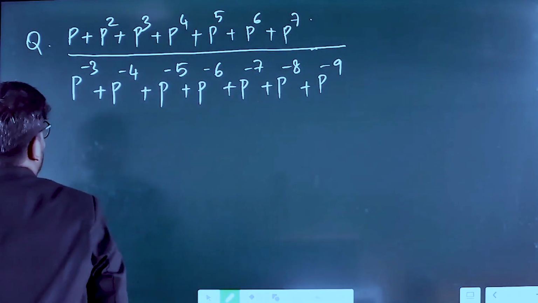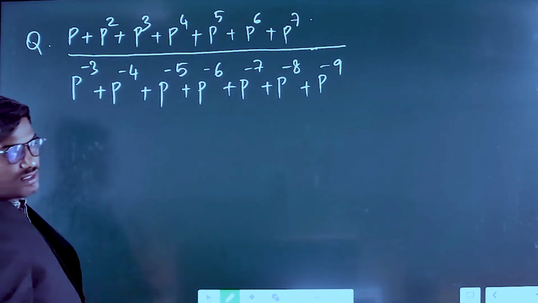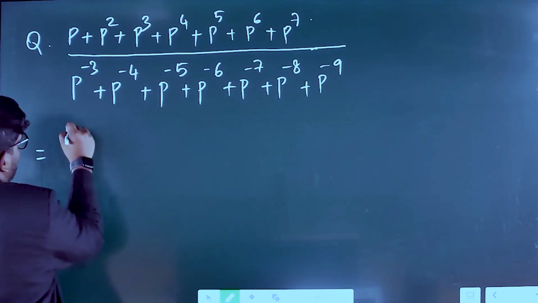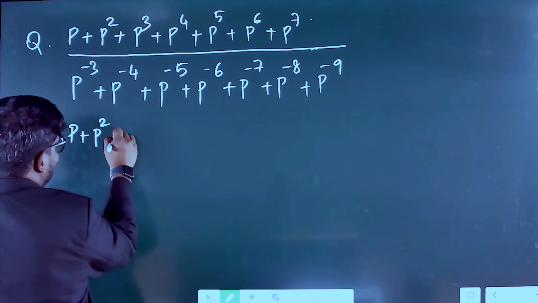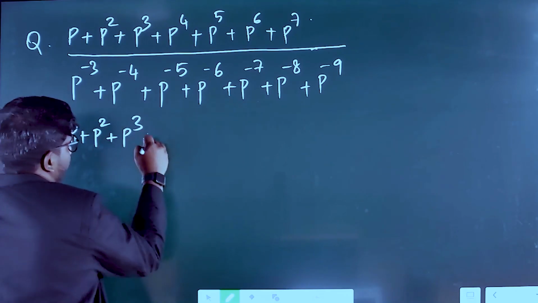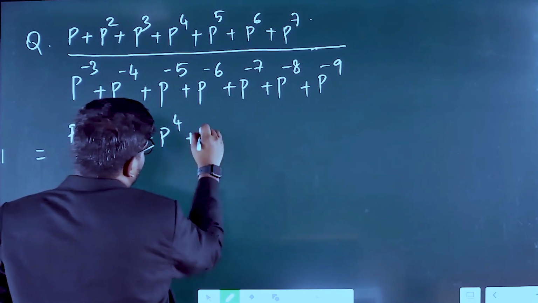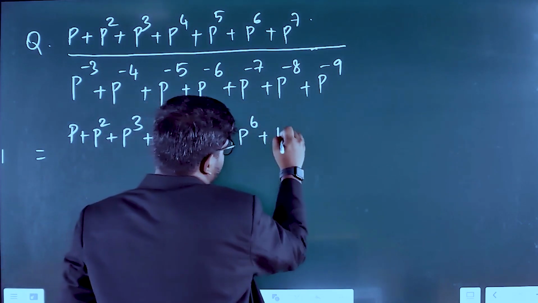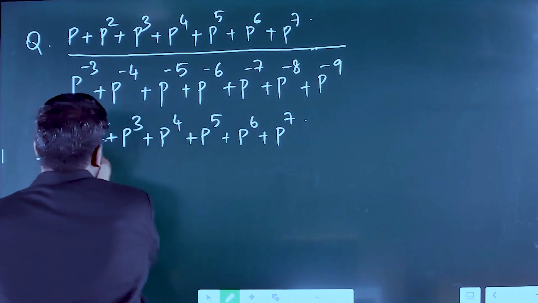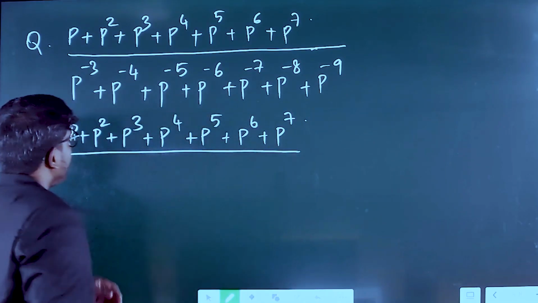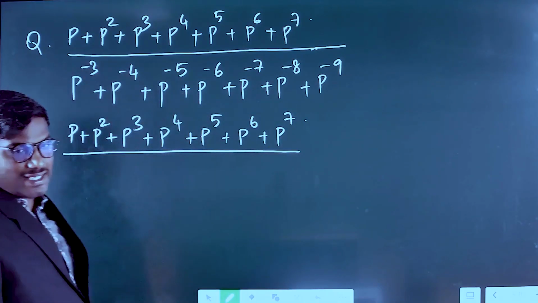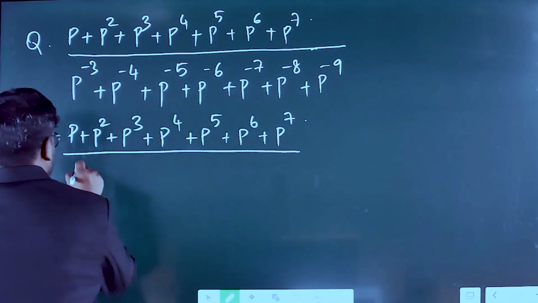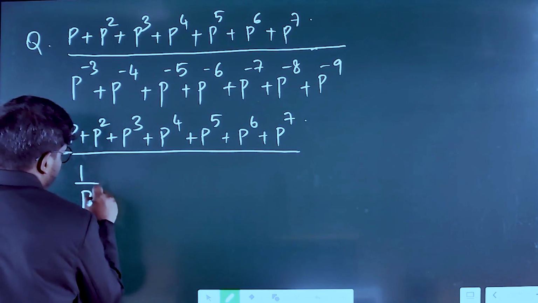Yes. Now what can be done is something we'll now ponder on. So this will be p plus p square. Let the numerator stay as it is. P cube plus p power 4 plus p power 5 plus p power 6 plus p power 7. Whole divided by p power minus 3 can be written as 1 by p power 3.